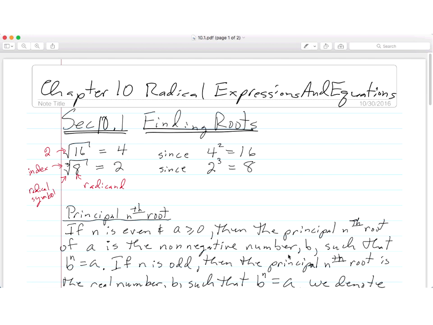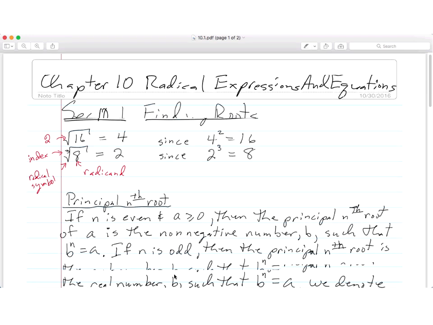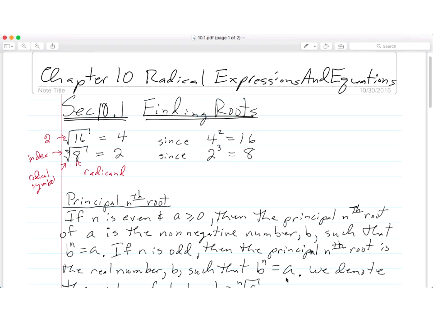If n is odd, then the principal nth root is the real number b, such that b to the n is a. So in this case, for odd indices, I do not have to specify that the radicand is non-negative. So I can take odd roots of negative numbers.